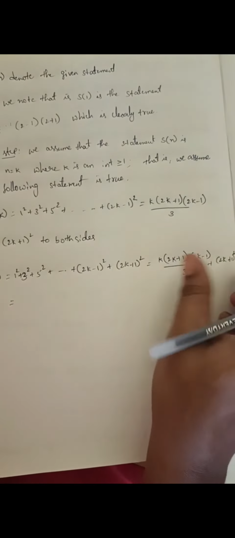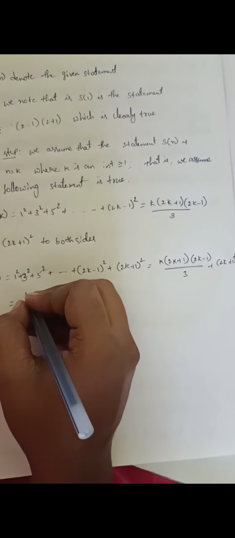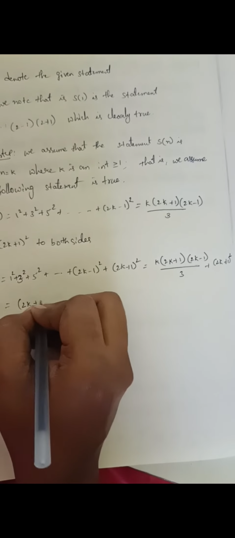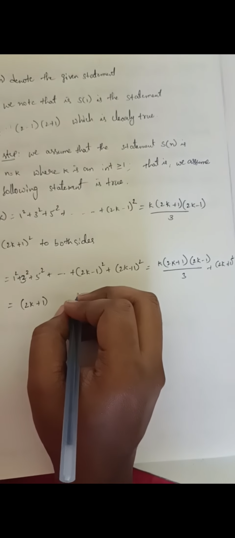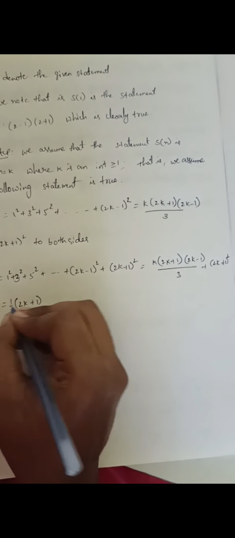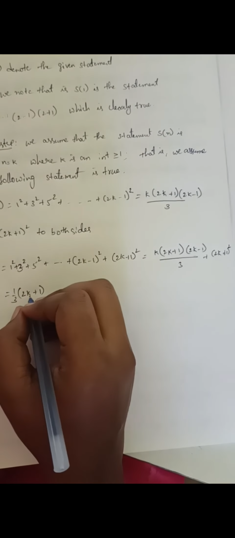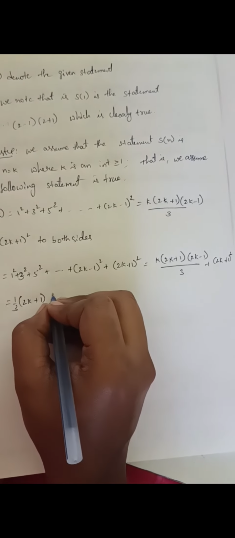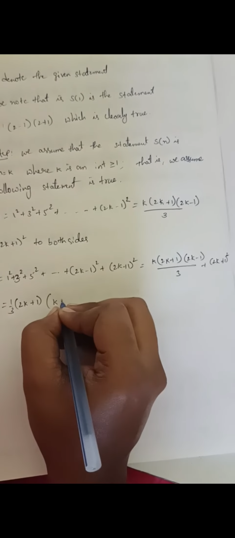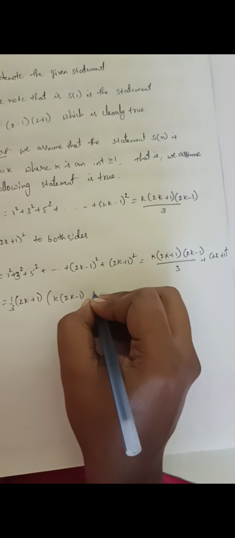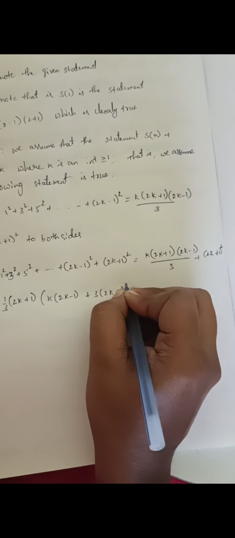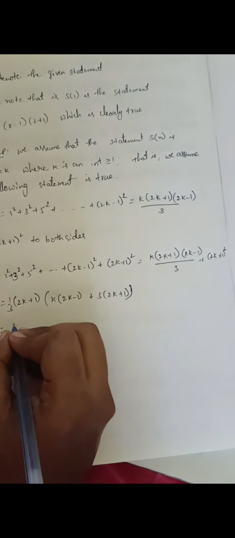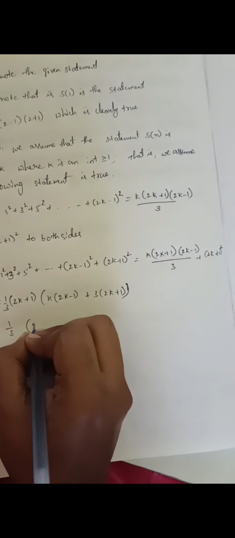Then we take this one, (2k plus 1) as common. 1 by 3, (2k plus 1). Then we obtain k into (2k minus 1) plus 3 into (2k plus 1).